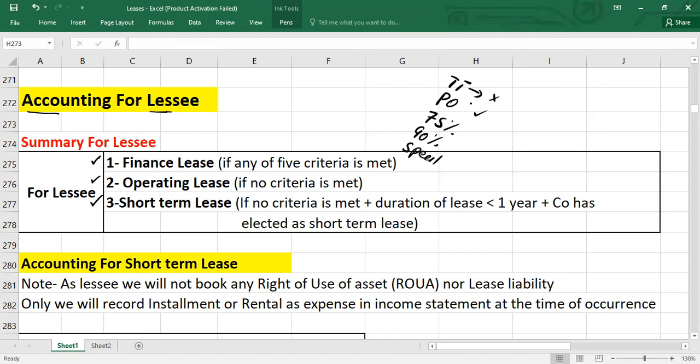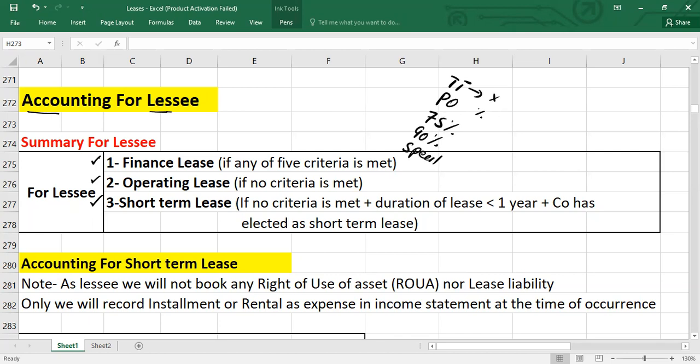It means the lessee can buy this asset at the end of the lease period. So purchase option means you have the option to buy the asset, and the lessee is reasonably certain that he will exercise this option.